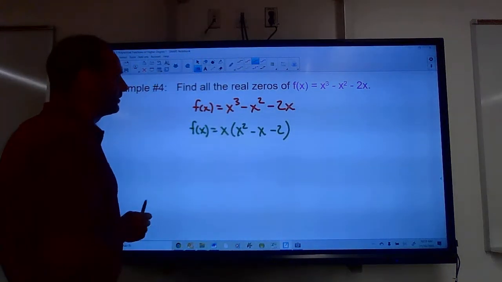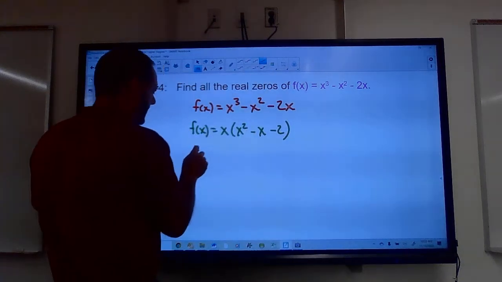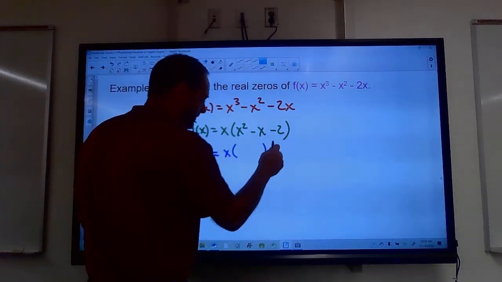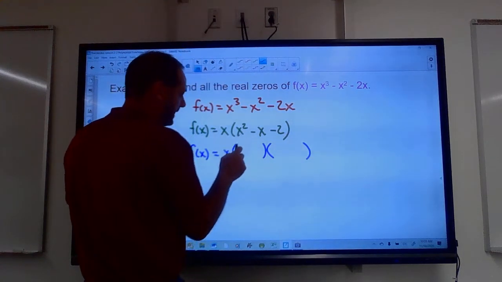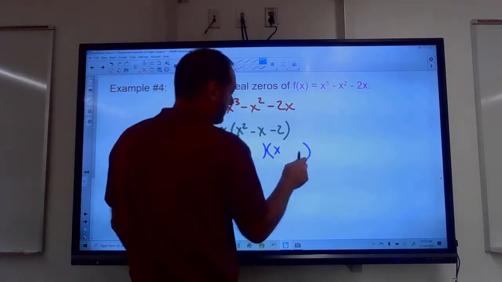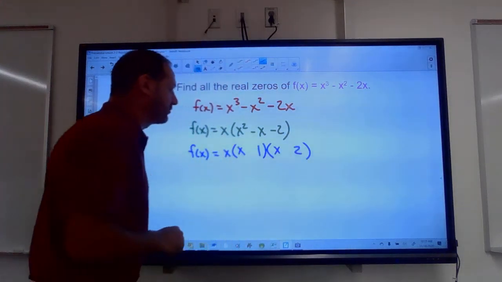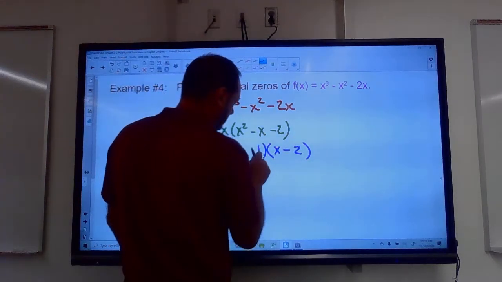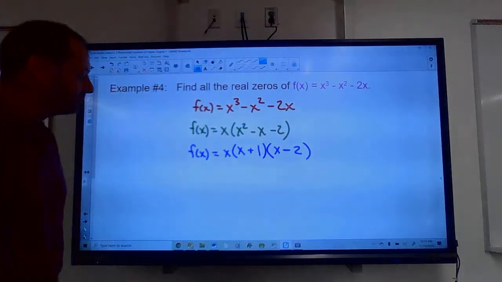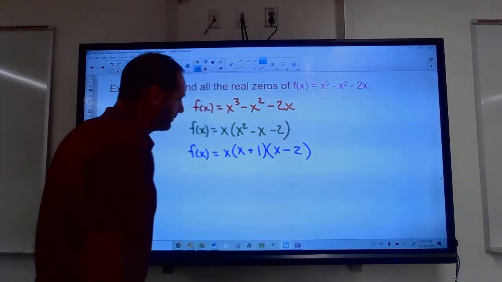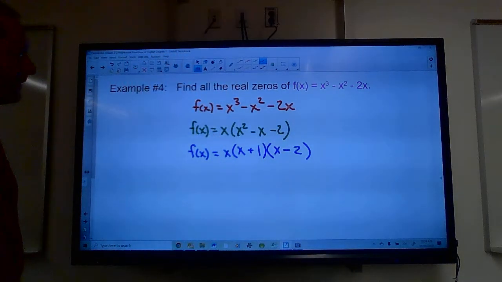Now this is factorable as well, so let's factor that. I've got x squared here, so I'm going to put an x here and here. The factors of 2 are 2 and 1. That's my only choice. I need to make a negative 1, so I'm going to have a negative 2 and a plus 1. And then you need to double check. Positive times a negative is a negative. So we've factored this thing.